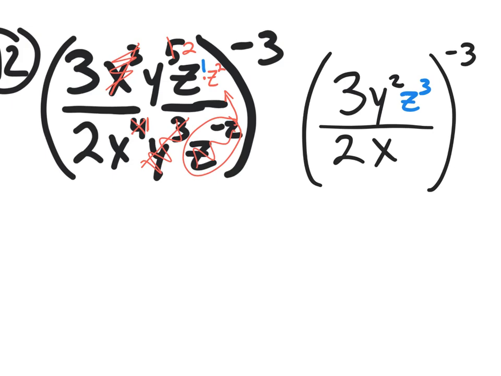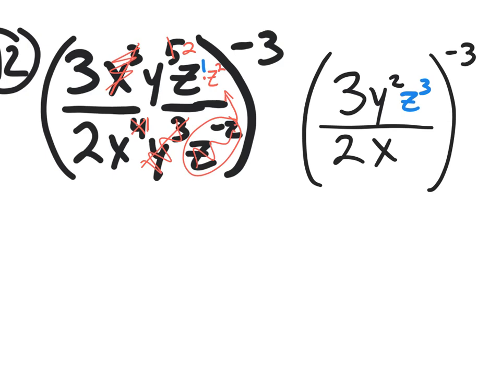Now at this point, I could distribute the negative 3 to each and every power and multiply them, right? Every single term. Or I could change it to a positive 3, but I could flip the fraction and change it to positive and then distribute. So I either distribute and then flip everything around, or flip and then distribute.